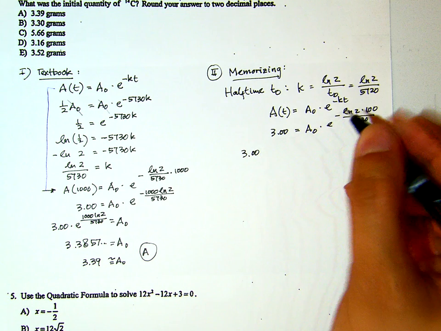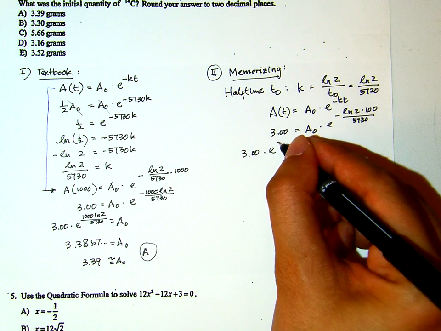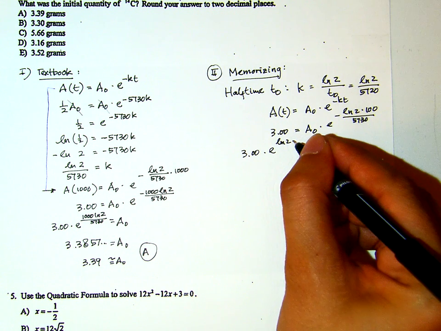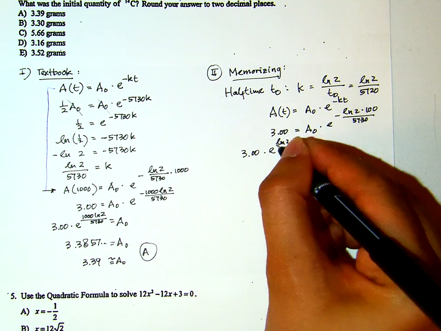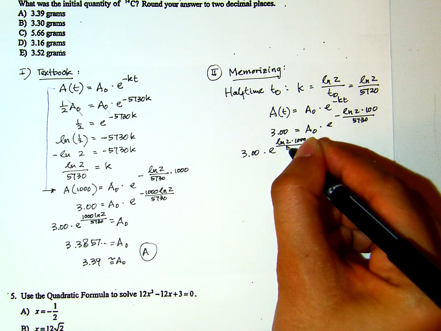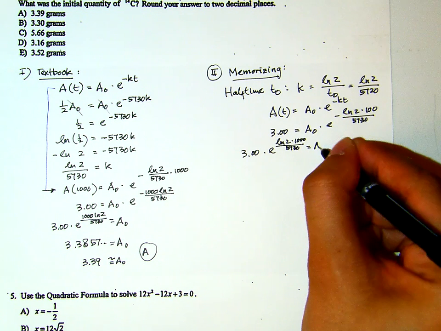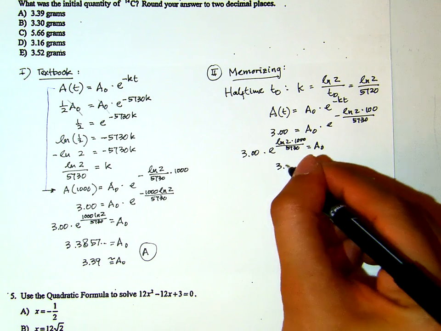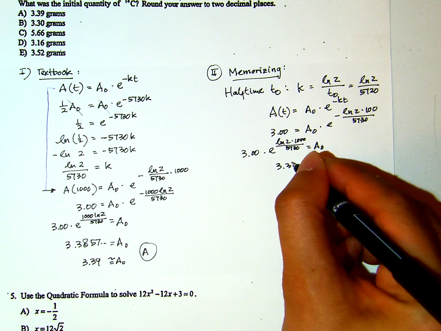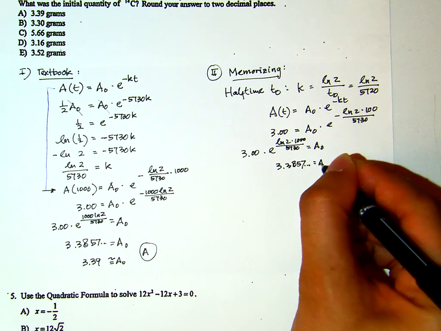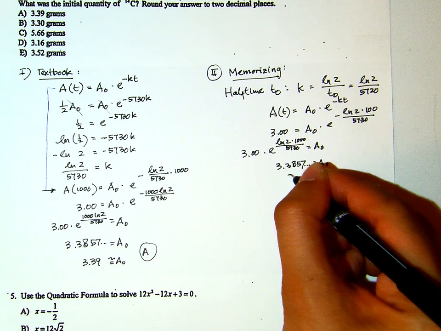Now from here, this will be 3.00 times e to the ln2 times 1,000 over 5,730, which is 3.385 dot dot dot again.